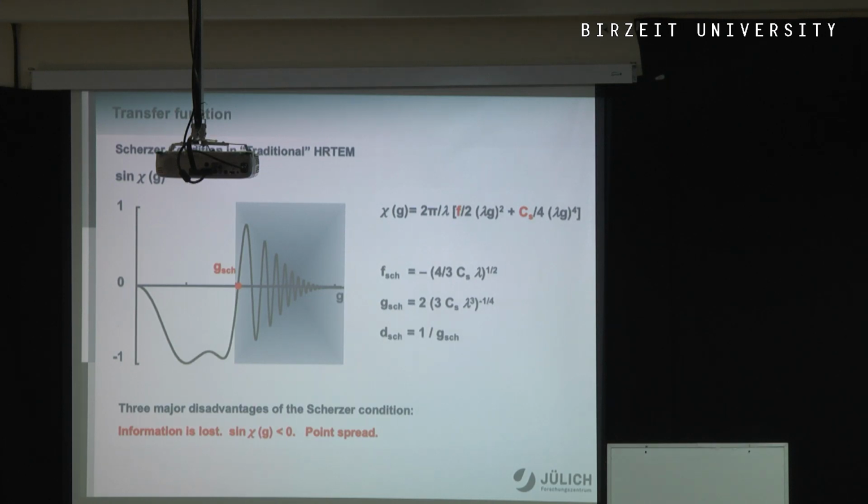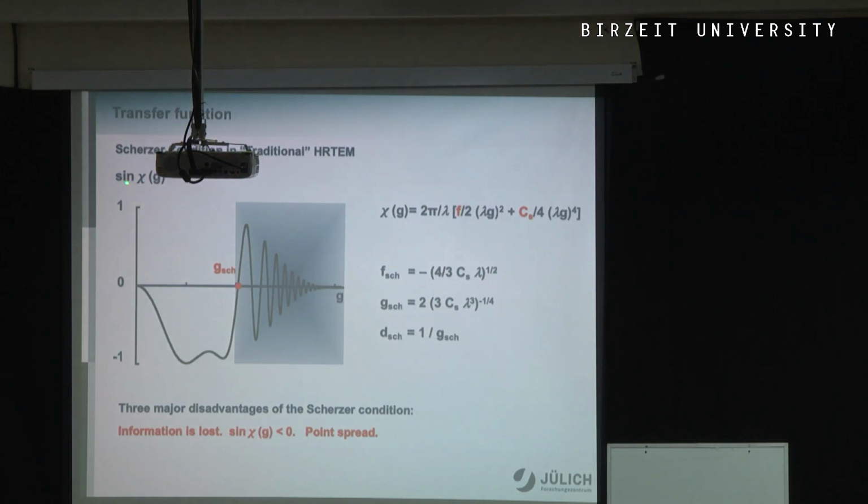And in this equation, lambda is the wavelength of the high energy electrons, a few picometers. F is the defocus of the objective lens, which is used to form the image. And C_S is known as the coefficient of spherical aberration. Typically, it has a value of a few millimeters for a normal imaging lens.